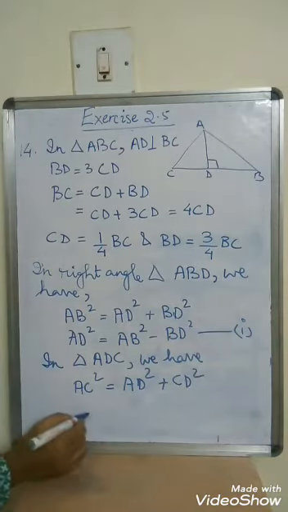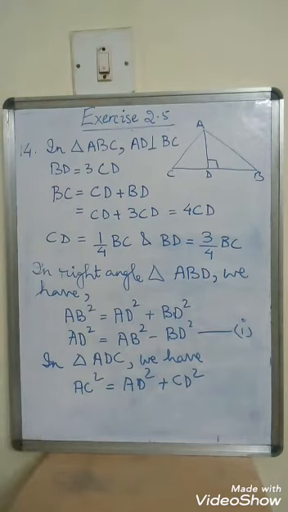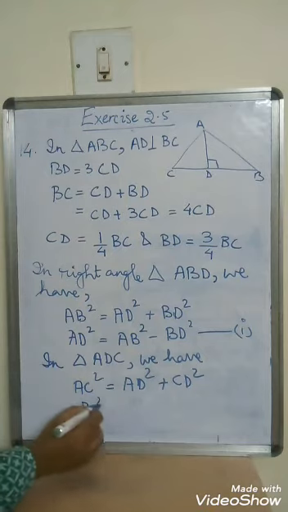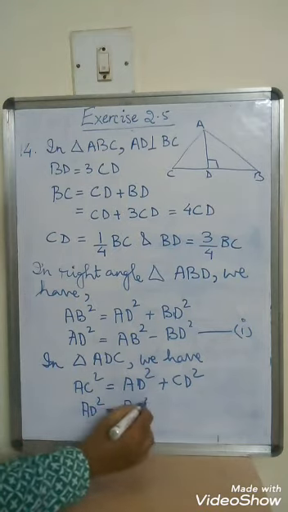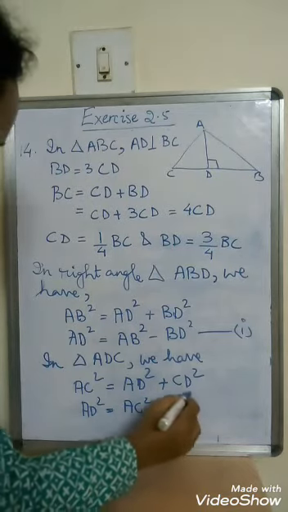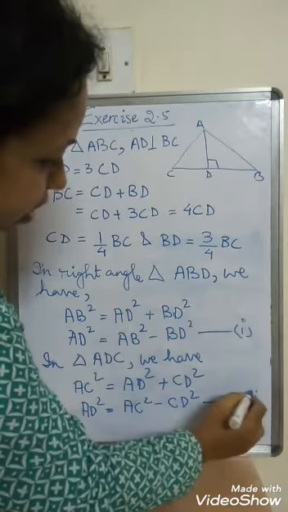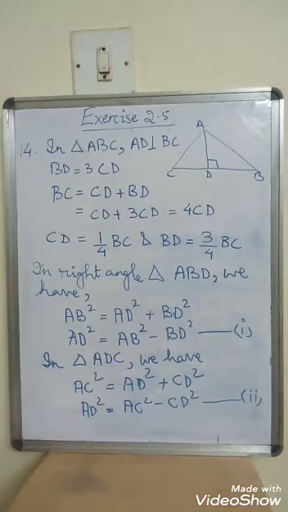So when I find AD square, how much is AD square here? AD square will be AC square minus CD square. This is equation 2 for me, right?